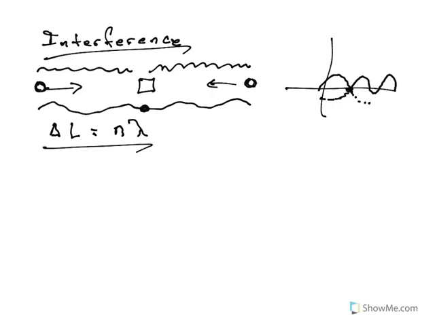So this equation basically says these two waves will interfere constructively if the difference in path length between the two different waves is some multiple, that's what this n means, some multiple of the wavelength.